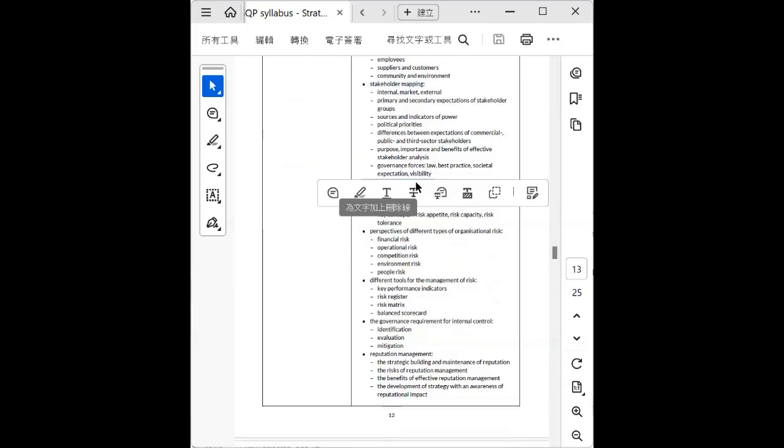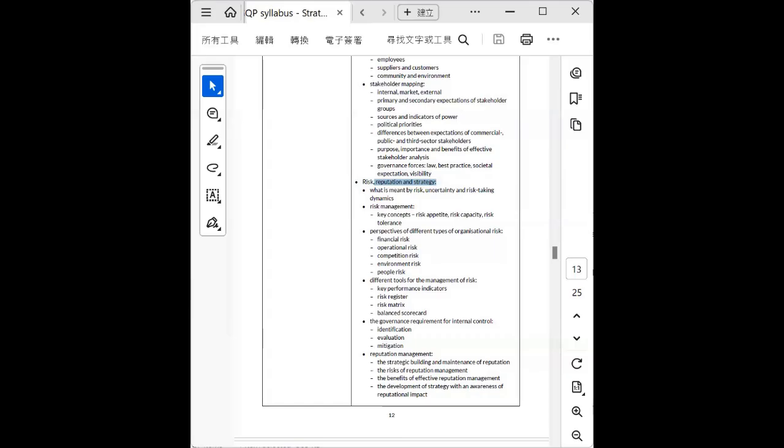So what is meant by risk, uncertainty, and risk-taking dynamics? Of course, you will know more about risk in the risk management subject, but here it just gives you a very quick revision of what risk management is about. For those who have studied risk management, this part is quite simple.